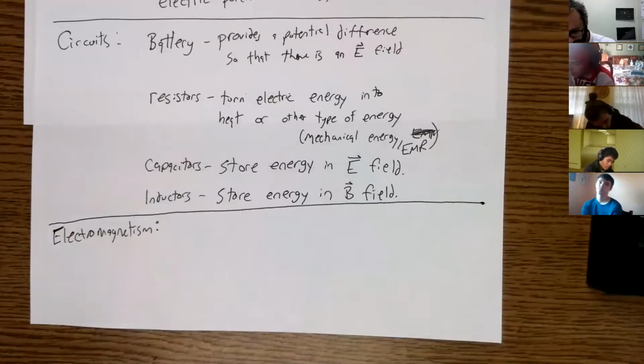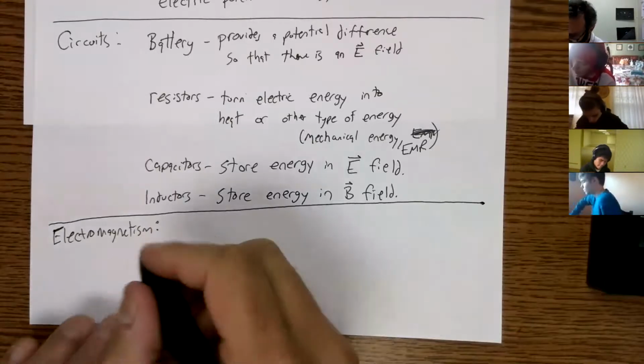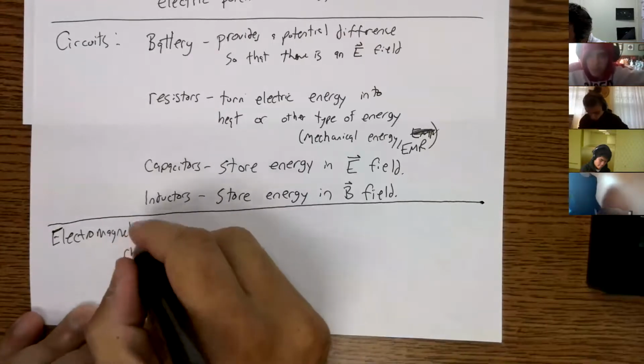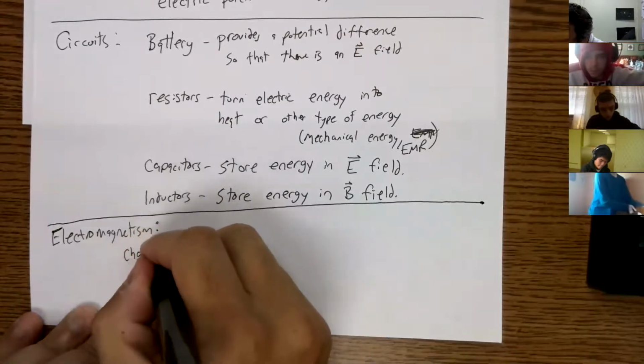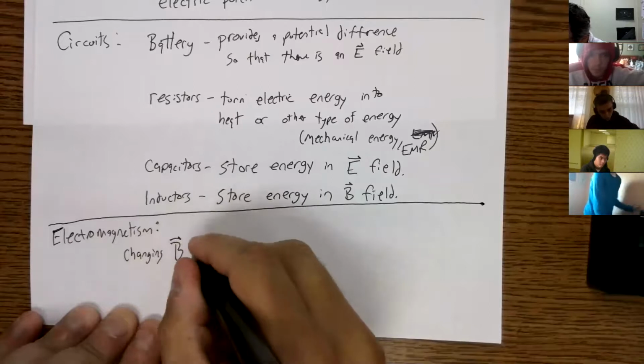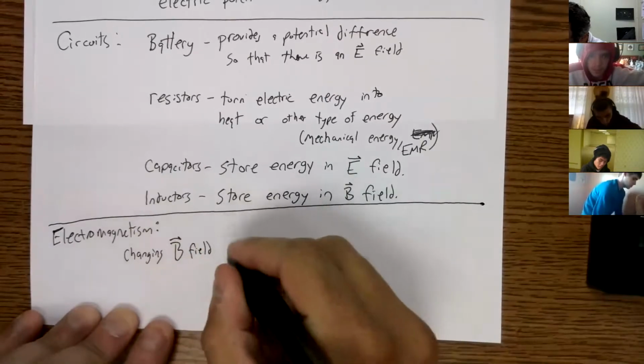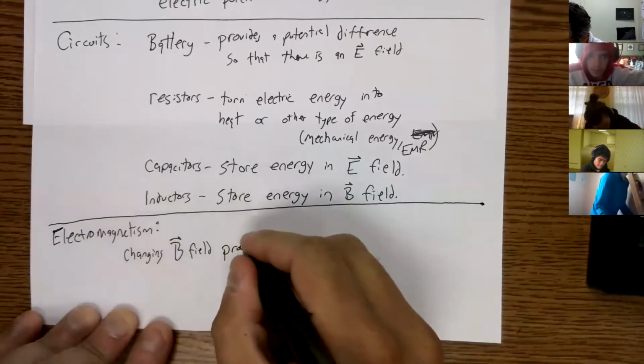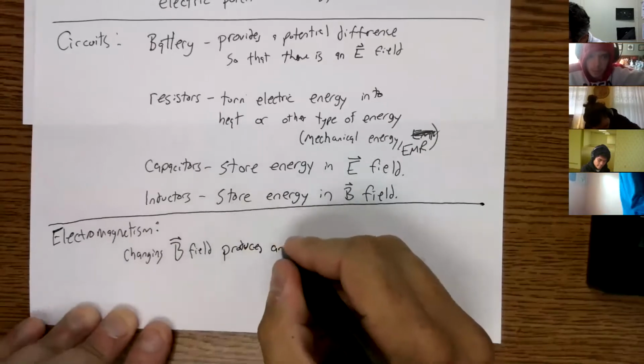So one thing we notice about the way that electric charges create electric fields and are affected by electric fields, and the way that magnetic fields are created by moving charges and affect moving charges, we get this kind of weird relationship here. A changing magnetic field produces an E field.